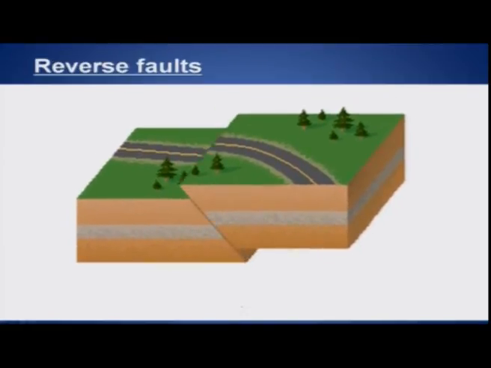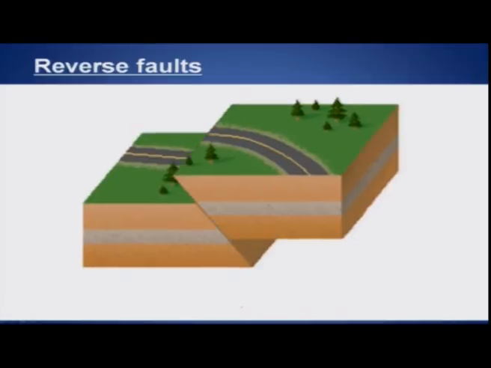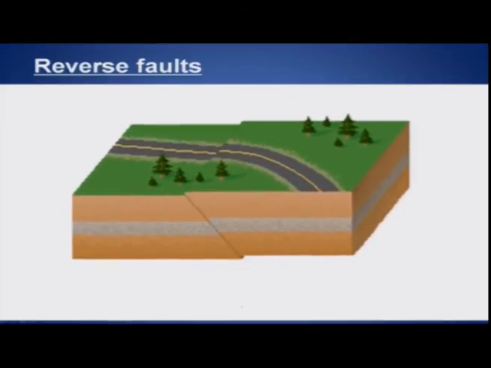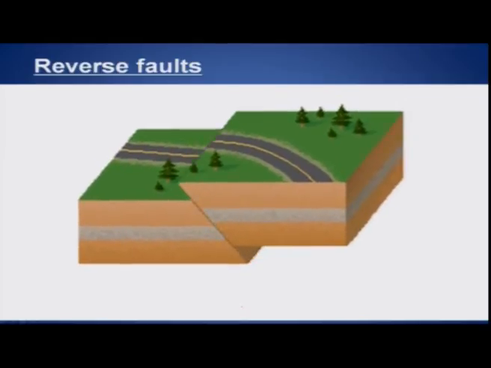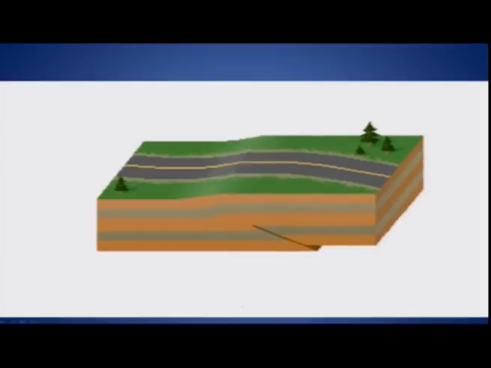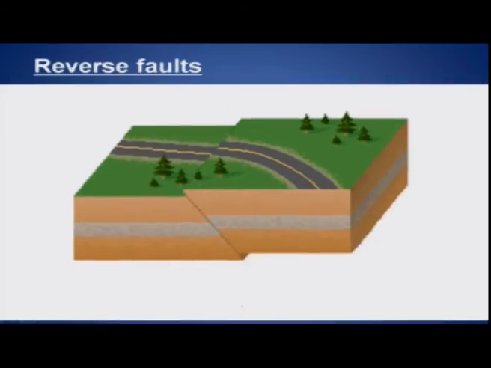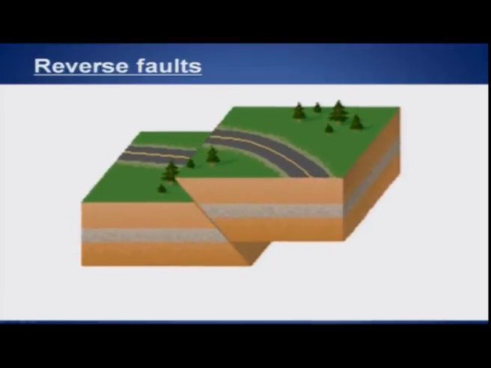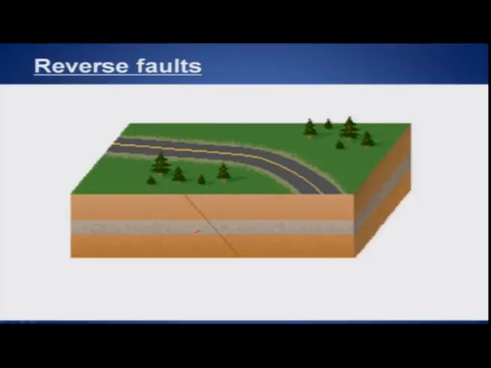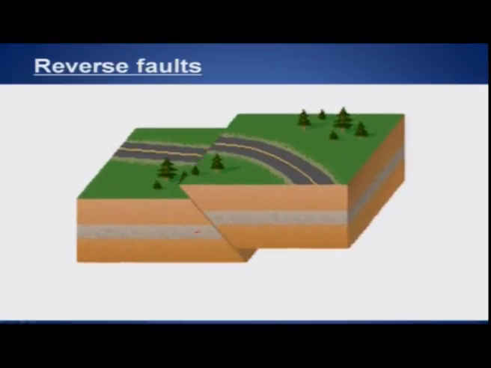This one is a reverse fault, where one block is moving above the other one. So we see this as a reverse fault, and this type of faulting is seen in the compressional tectonic environment. Now this one is very typical, where in the previous one you are able to see the displacement. If you take the grayish layer or the brownish layer, they are broken and have been displaced.